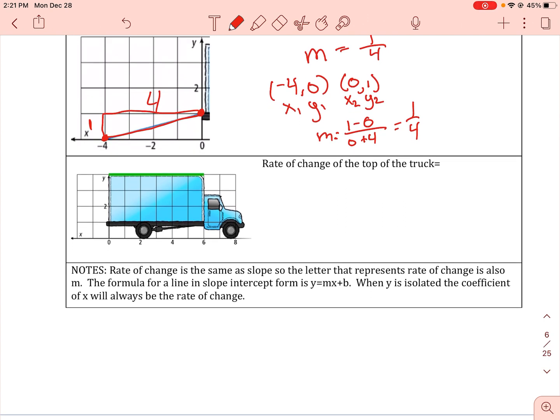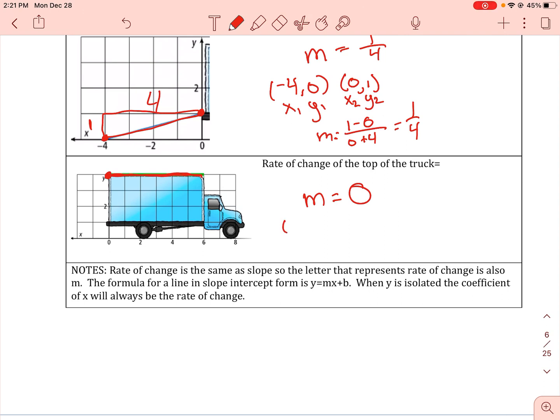What is the rate of change of the top of this truck, or what is the slope of the top of this truck? This line right here. So we can pick any 2 points. We can do rise over run, or we can do our change in y over change in x. Or if you know that all horizontal lines should have a slope of 0, let's prove it.